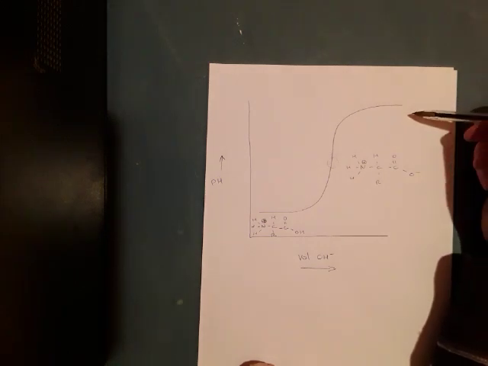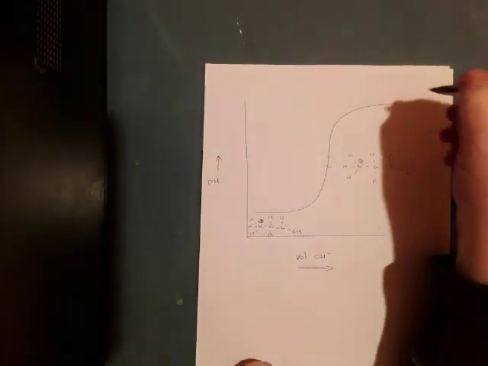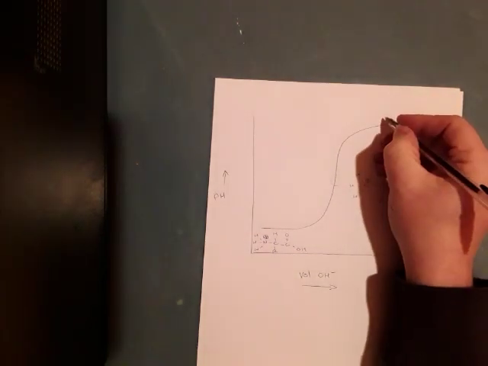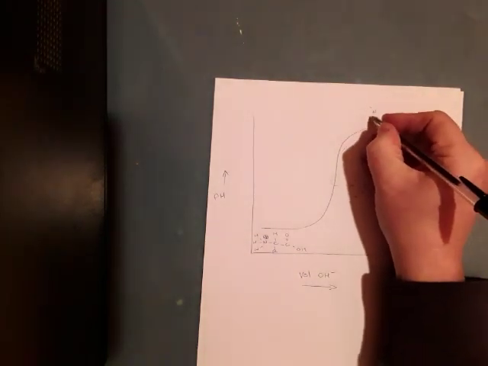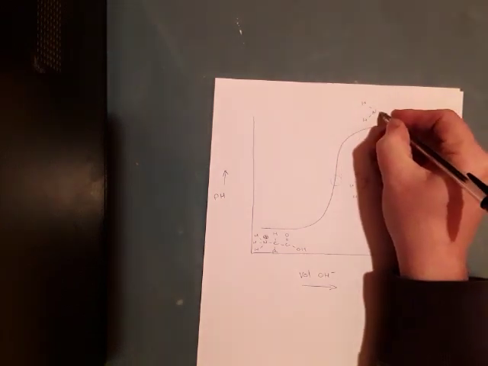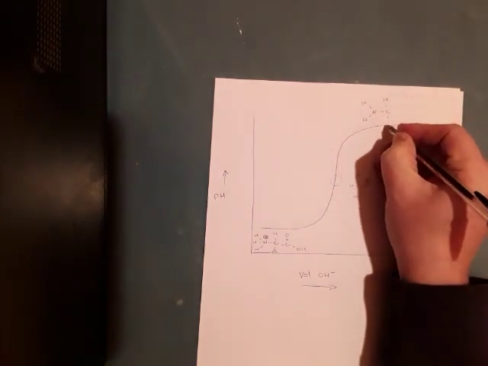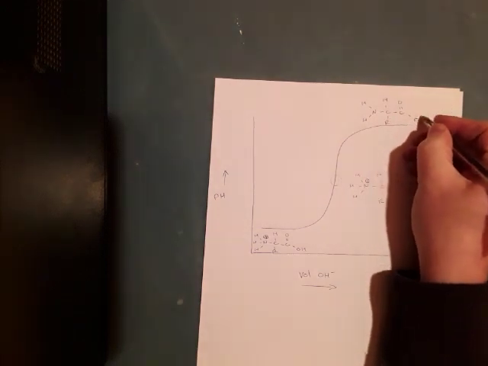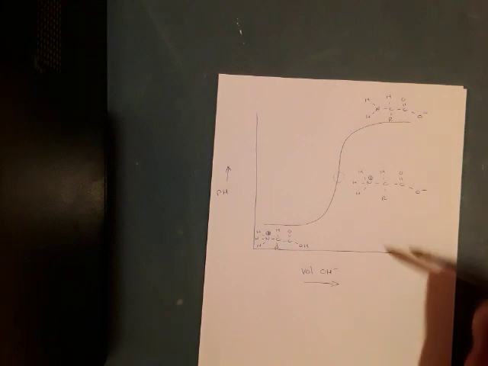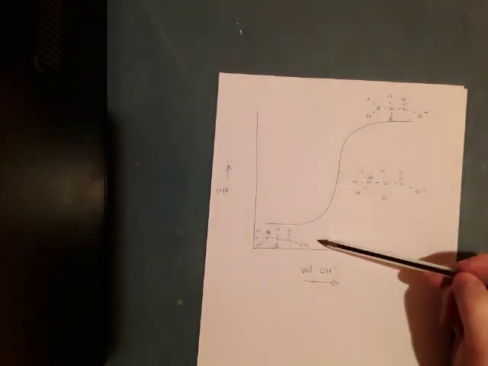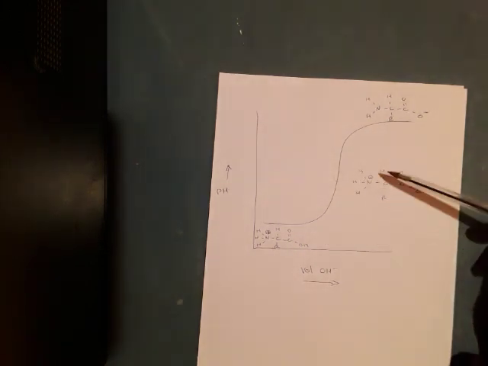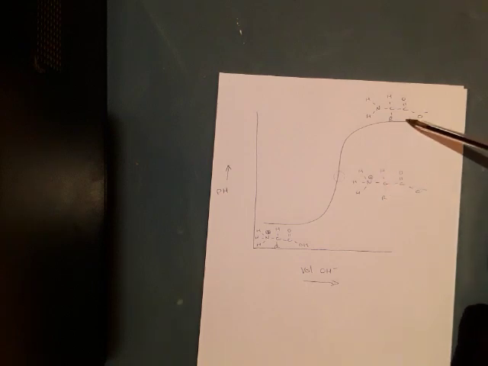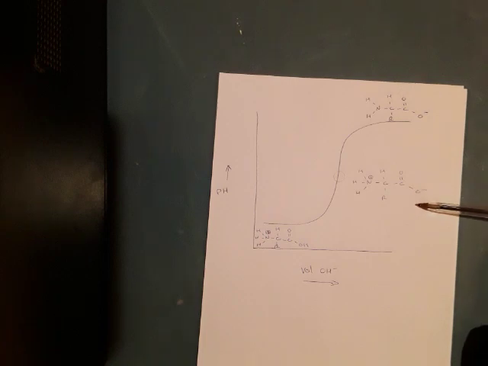And finally up here, we are deprotonating. So whatever the isoelectric point is, when we're below that, we get protonation. When we're above that, we get deprotonation. At the isoelectric point, we get zwitterion formation. So just try and remember.